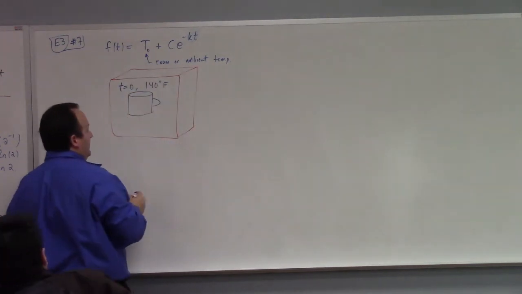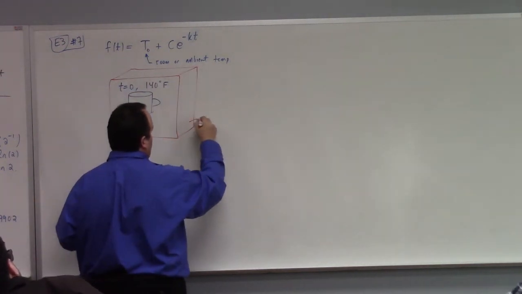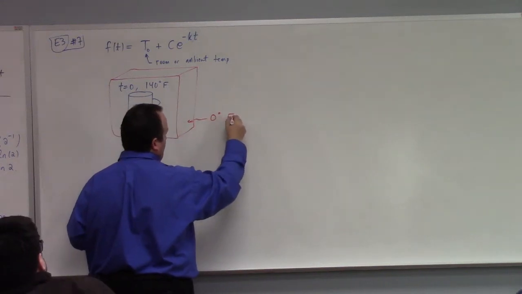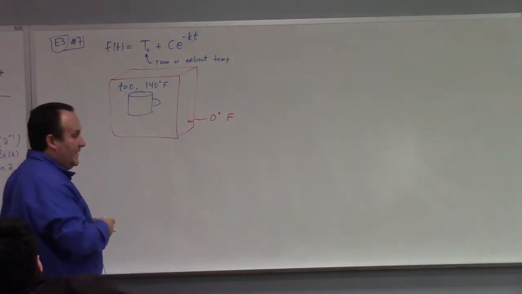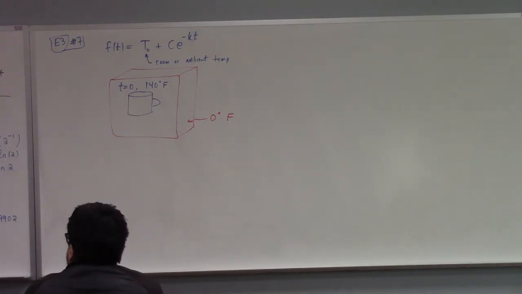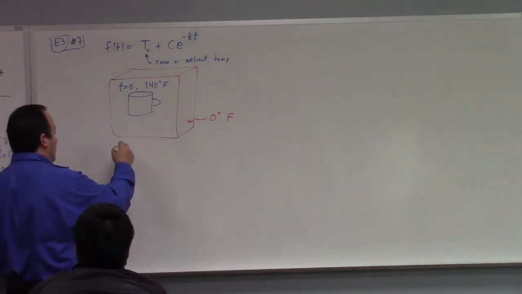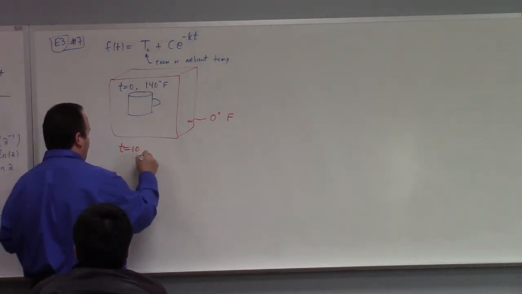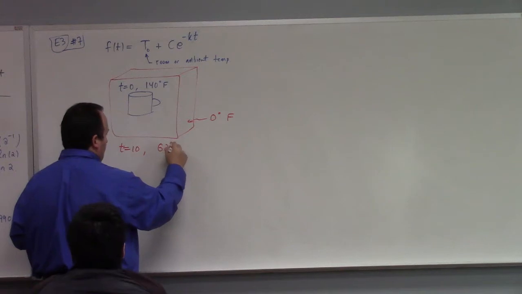So this is a 0-degree freezer, right? And you're given other information. You're told that after 10 minutes, the temperature is 62 degrees Fahrenheit. At t equals 10, you have 62 degrees Fahrenheit coffee.